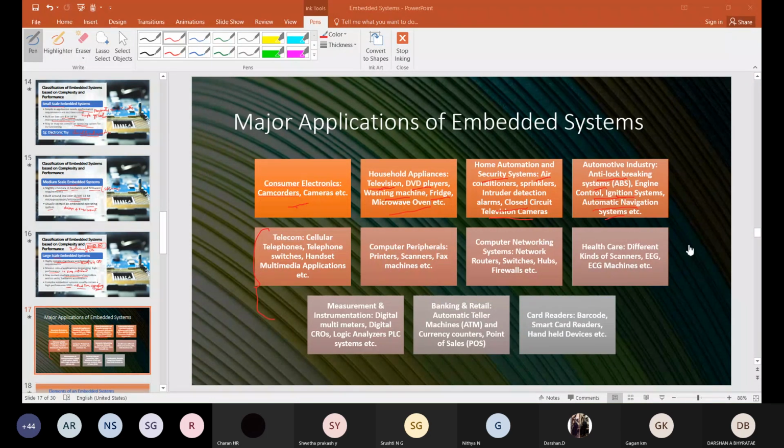Anusha, present, sir. Kirti, present, sir. Dinesh, present, sir. Chandan Kumar, present, sir. Chandana, present, sir.